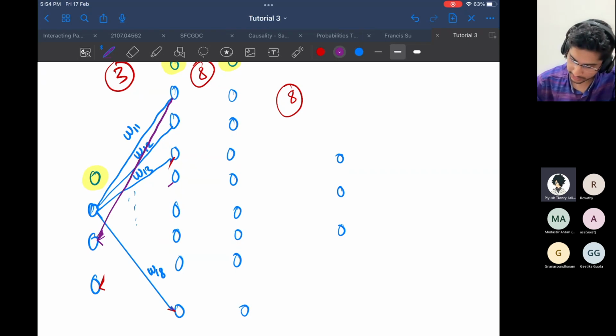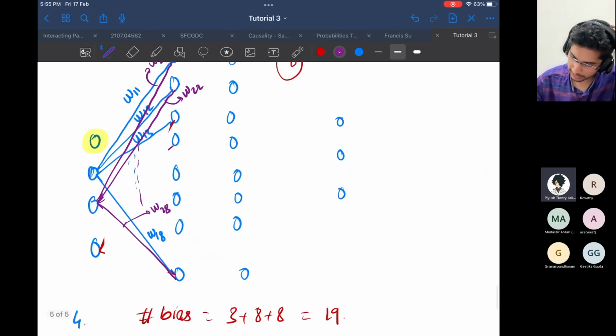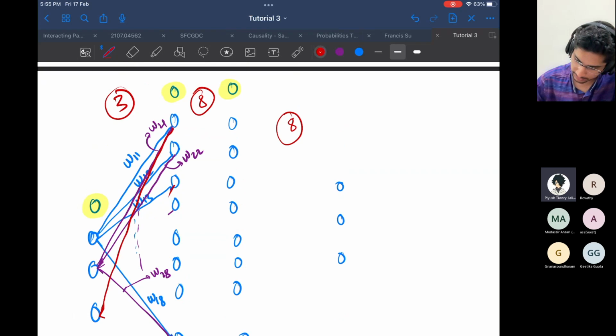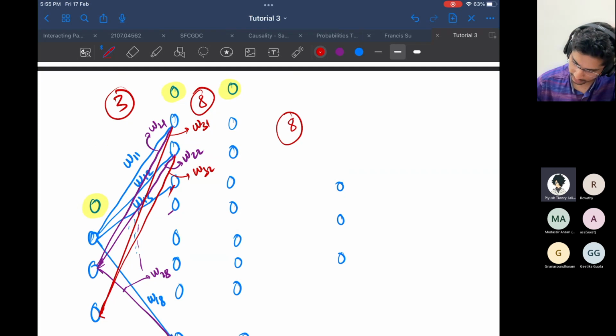Similarly, when I do this connection, I will have another weight parameter, W21. When I do this connection, I will have W22. And similarly, when I come till here, it will be W28. Similarly, from this one, this will be W31, W32, till the last one, which will be W38.